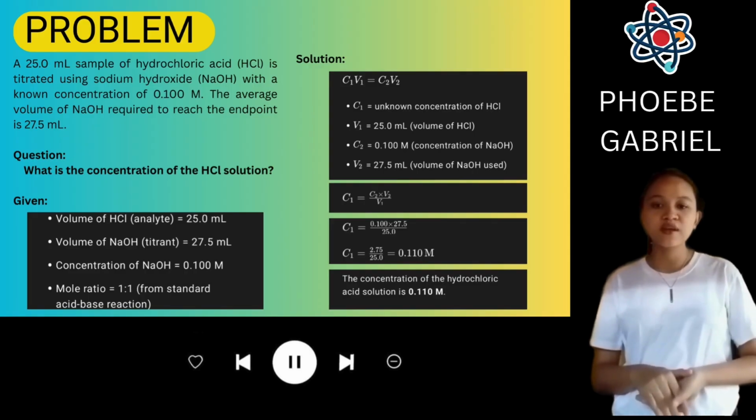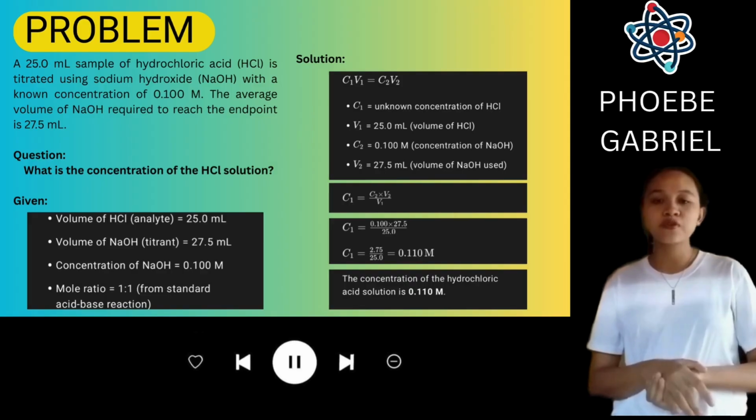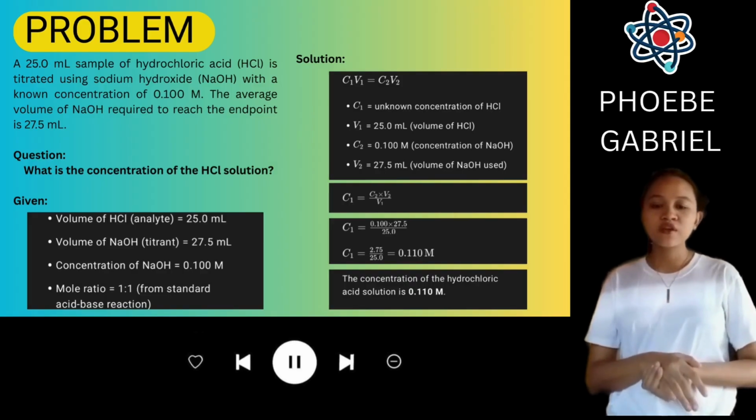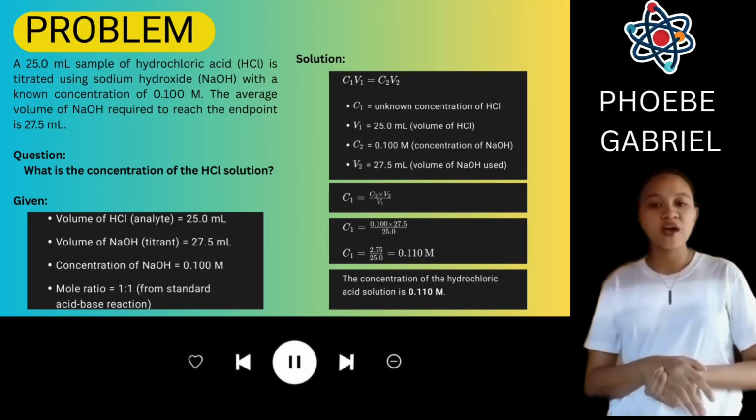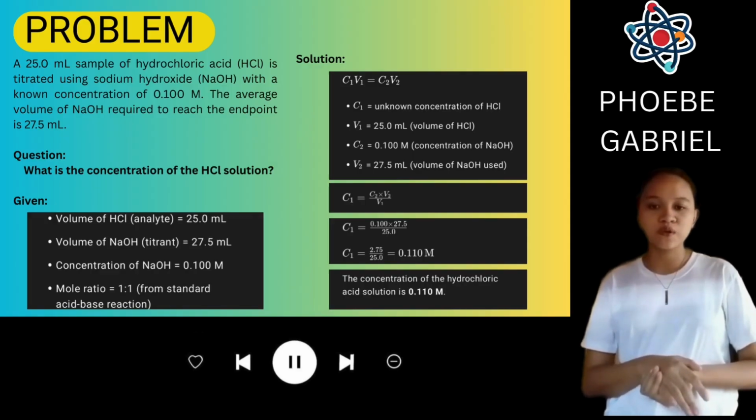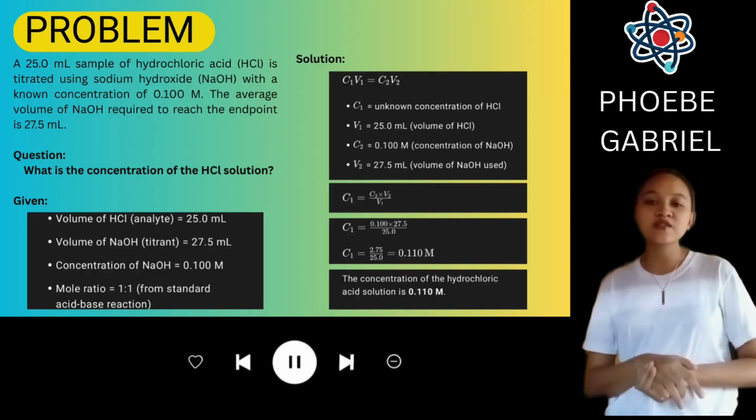We have the given volume of HCl equal to 25.0 ml, the volume of NaOH is 27.5 ml, the concentration of NaOH is 0.100 moles, and the mole ratio is 1:1 from the standard acid-base reaction.